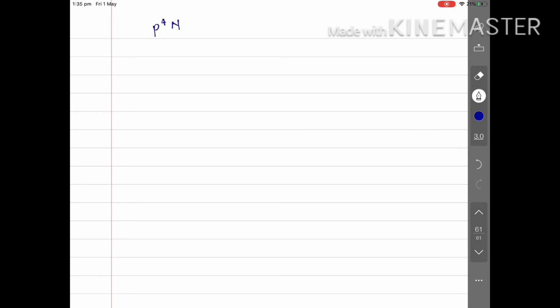This side is p, this side is n. Here p plus is highly doped, so the depletion width will be less, and n, which is less doped as compared to p plus, would be a little bit higher, like this.